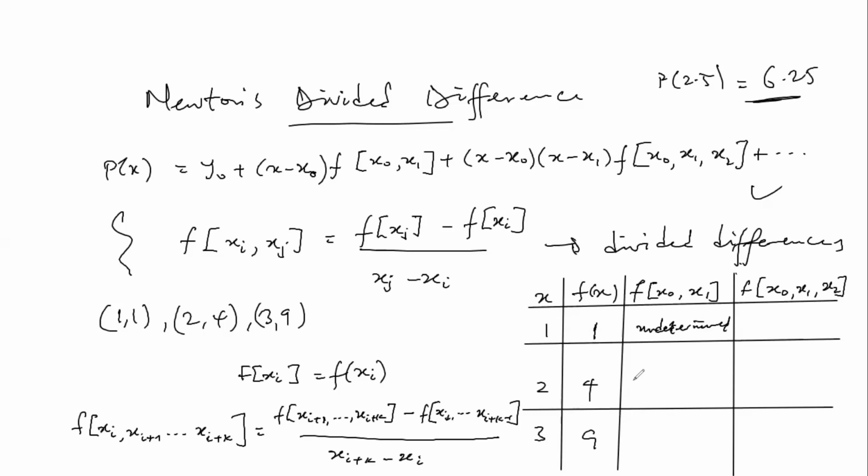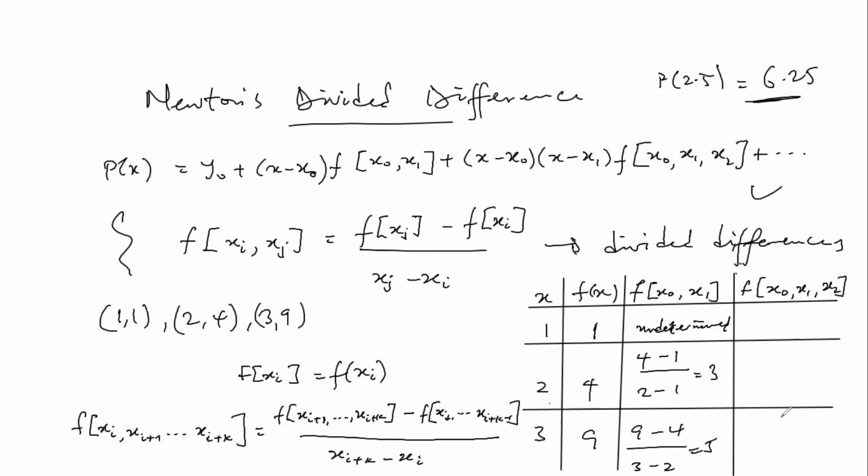Then we'll go to the next point. Here we can say 4 minus 1 over 2 minus 1, and this will give us 3. And at this point, this will be 9 minus 4 over 3 minus 2, which will give us 5.